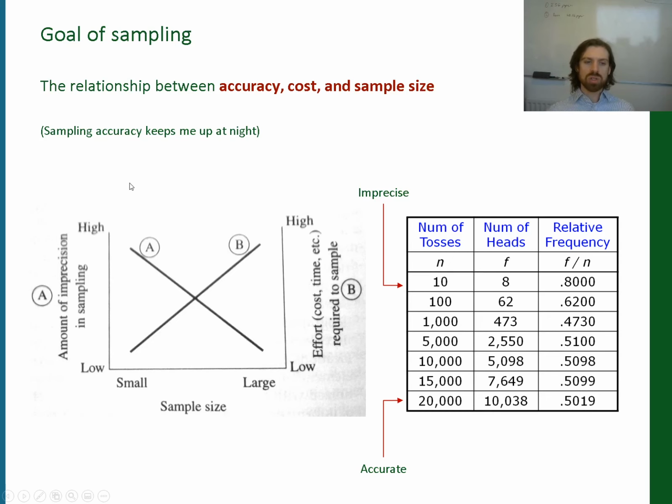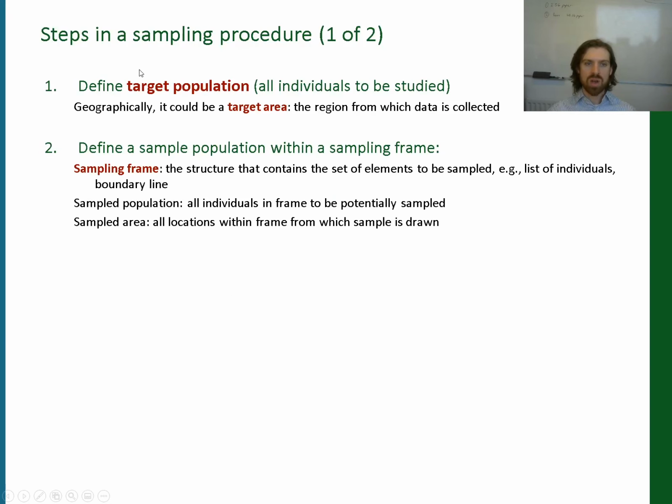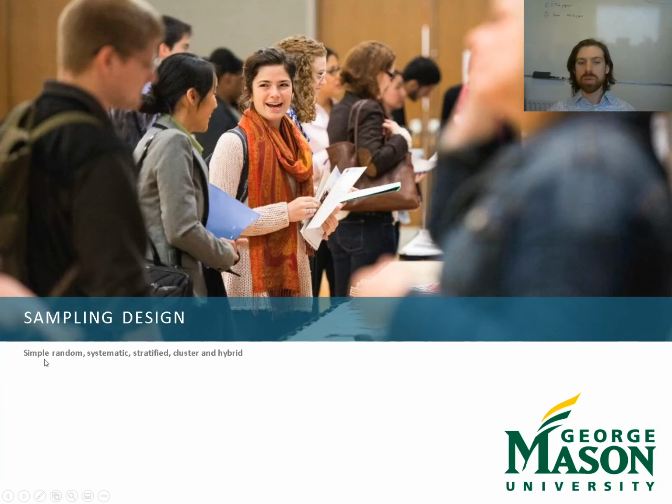So this is just a general example of how we need to consider these different dimensions when we are thinking about designing a study and going out and collecting data from that target sample to represent the population of interest. There are lots of different types of sampling design. Just before we begin, let me emphasize, there are random, systematic, stratified, cluster, or hybrid sampling designs, and I'm going to cover that within this lecture now.